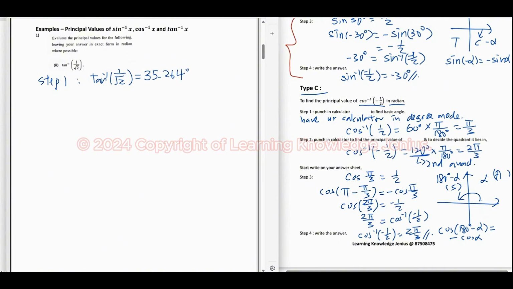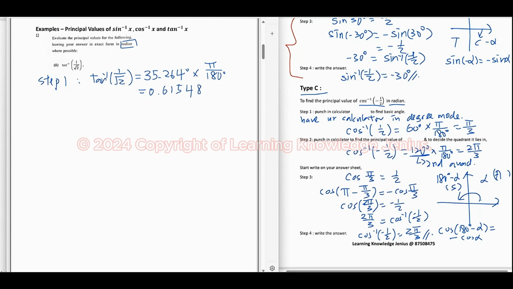But the question is asking for radian, yet I told you that you need to keep the calculator in the degree mode first. The reason is that in case this is a special angle that you need to write in terms of pi. But since this one is not, you can then use your calculator, or otherwise you can do it manually by converting it into radian mode. Then you will get the radian.